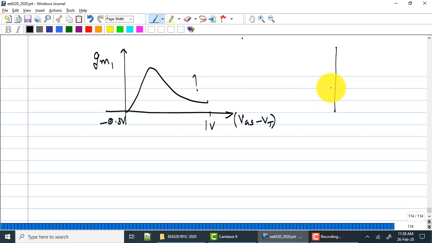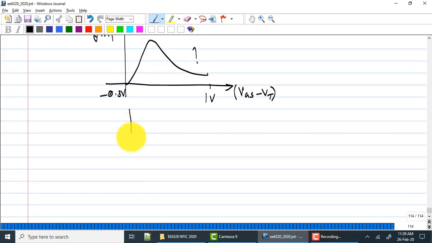In our square law model of the device, if you were to plot ID as a function of VGS, we have been assuming that till you hit VT, the current is 0, and then it becomes parabolic. Agreed?